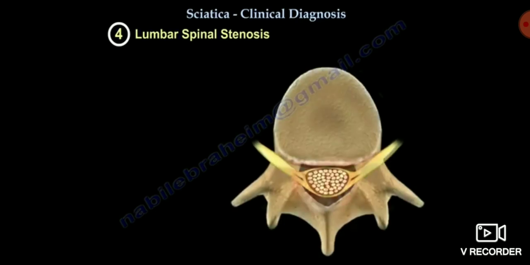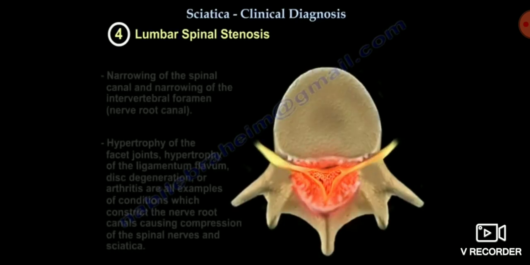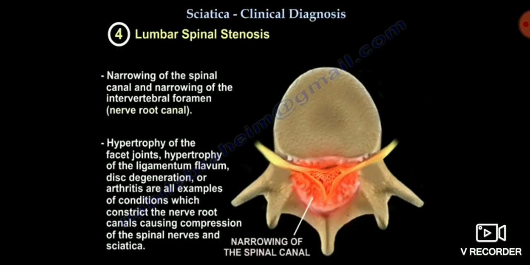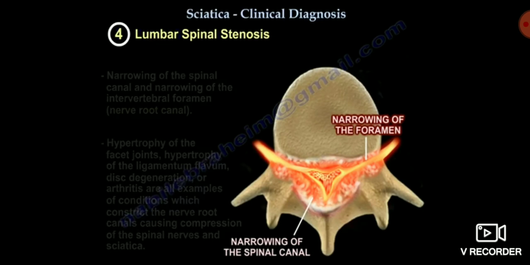Number 4, spinal stenosis. Narrowing of the spinal canal and narrowing of the foramen from enlarged, hypertrophied facet joints, hypertrophy of the ligamentum flavum, disc degeneration, and spine arthritis, all that will cause pressure on the nerve roots and sciatica.